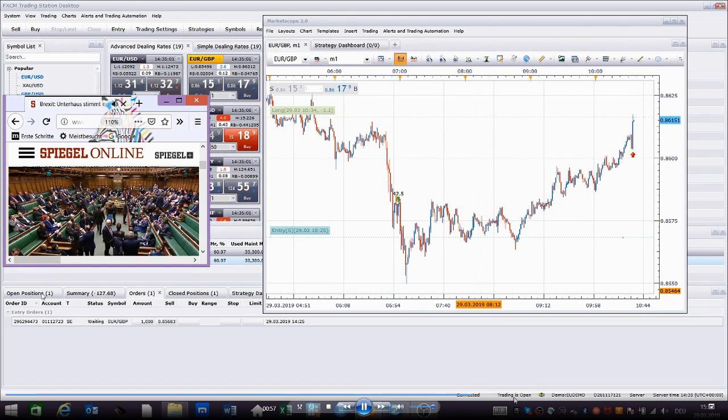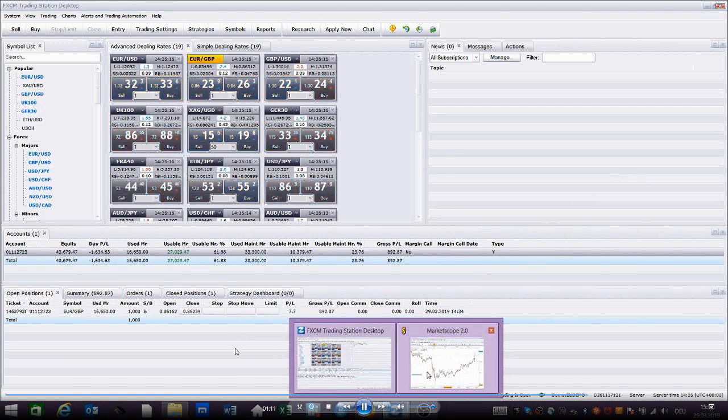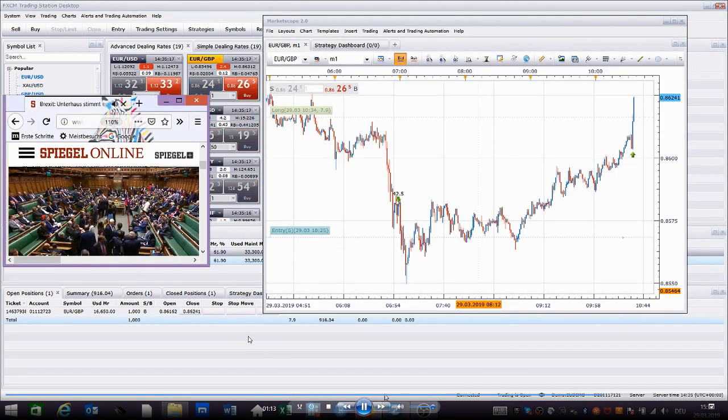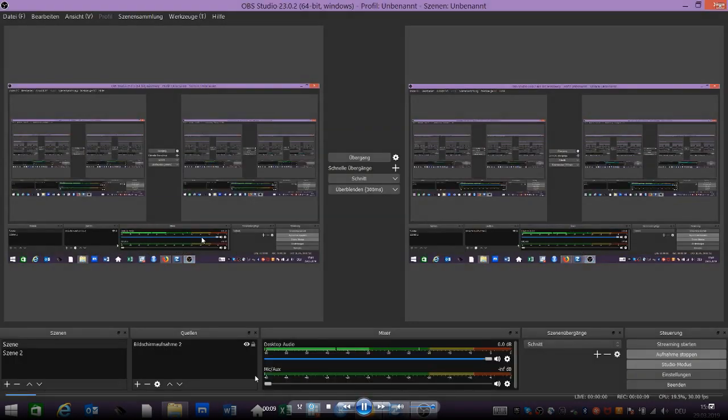Now I have an open position here. I will switch to the other frame, open position. You can see here that right now I'm making money on that. I already made a profit of 500, 600 euros in a few minutes, because now the lobby is completely full with all politicians.